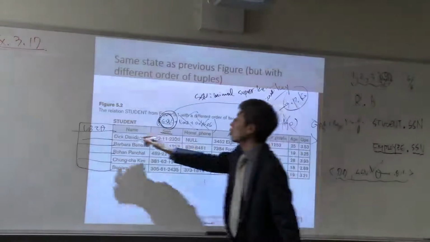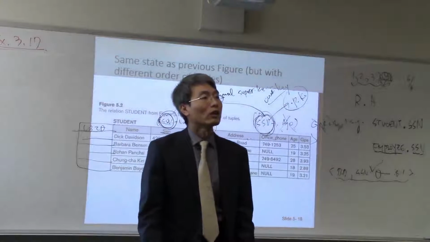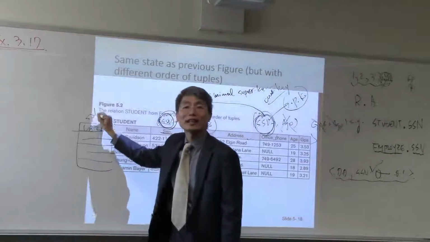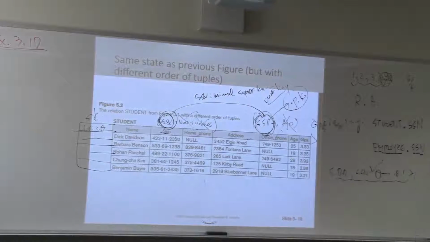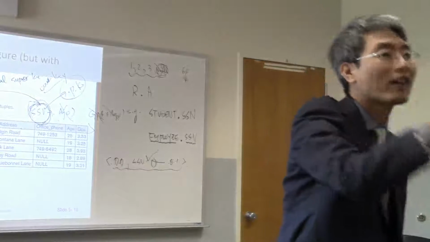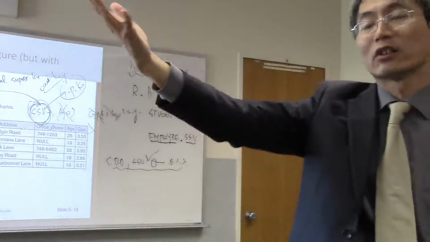Then, what about the UBID? UBID is still called a candidate key, or sometimes it's called a secondary key. So you heard about secondary key. What's the difference between primary key and secondary key? It's almost the same. The only difference is that one is selected as the primary key to represent the table.